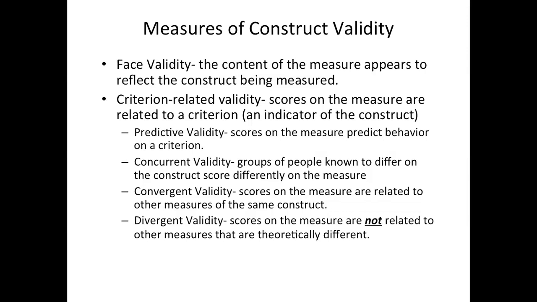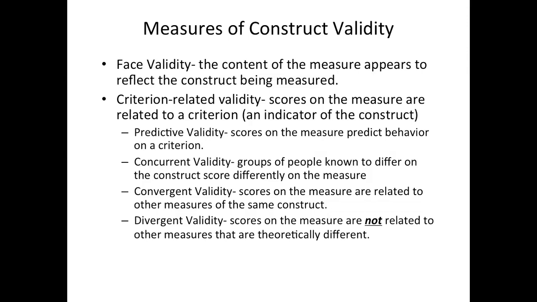So if you get a high score on one, I expect you to get a high score on the other because they're both measures of achievement. Does that make sense? So that's convergent validity. Two measures of the same theoretical construct should result in the same or very similar outcomes. The scores should converge, should come together, right?